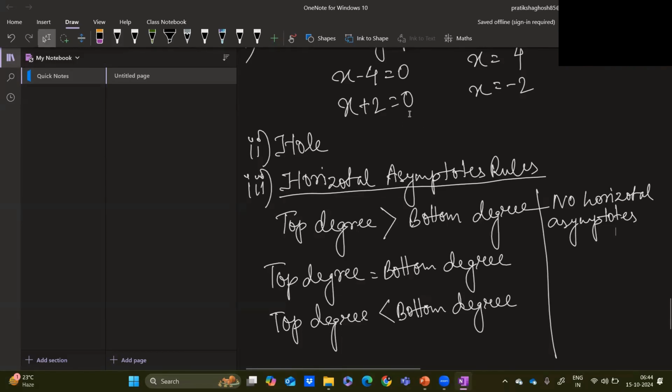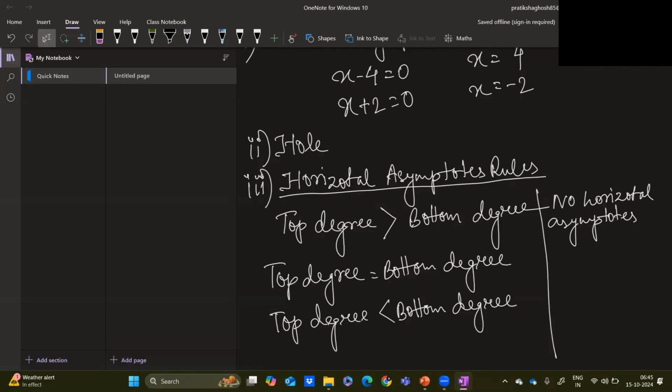In this question, as the top degree is lesser than the bottom degree, y equals 0, so don't get confused with this question.